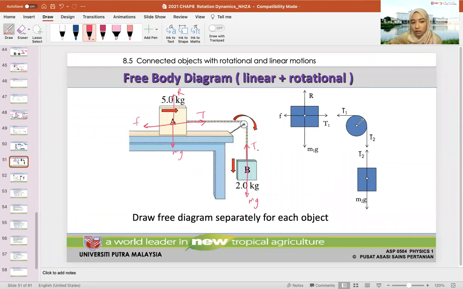Doesn't have friction, it's not on a surface, you only have tension and mg. Okay, so let's label this T1, and this as T2, so this guy would be T1, this guy would be T2, and I need to know what is the radius of this pulley.